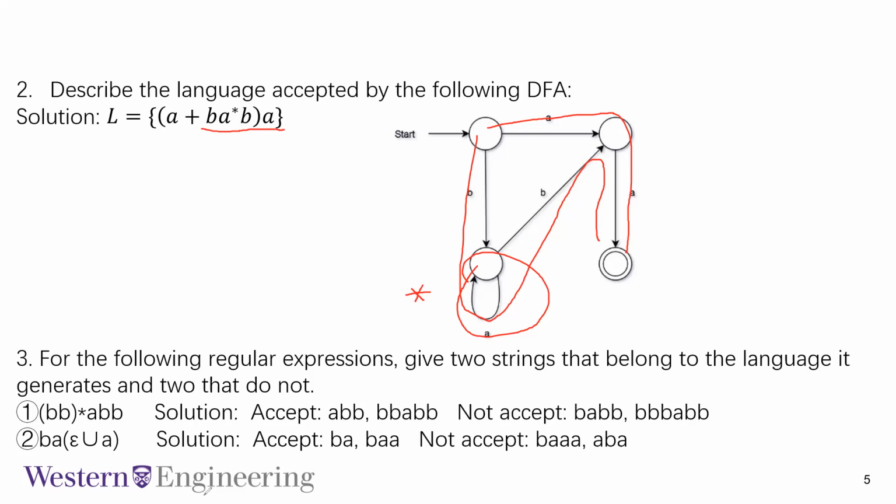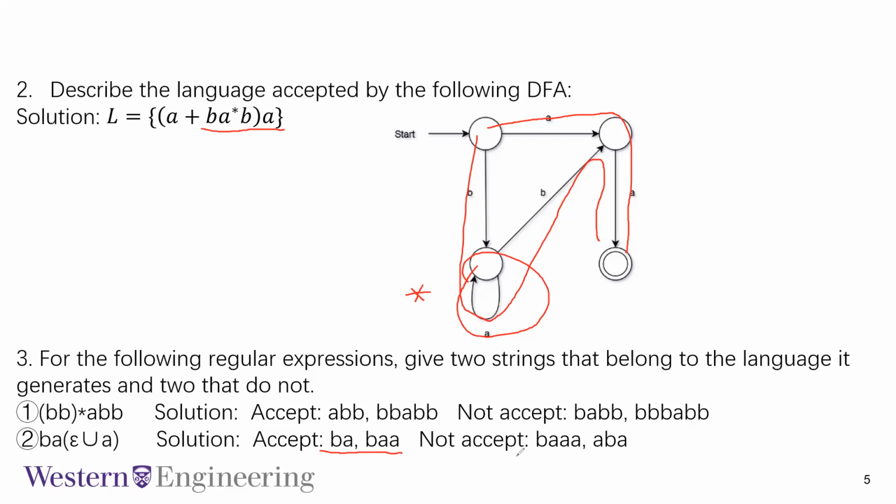For the second expression, this language has exactly two strings, which are BA and BA, and two examples of strings that are not accepted are shown here.